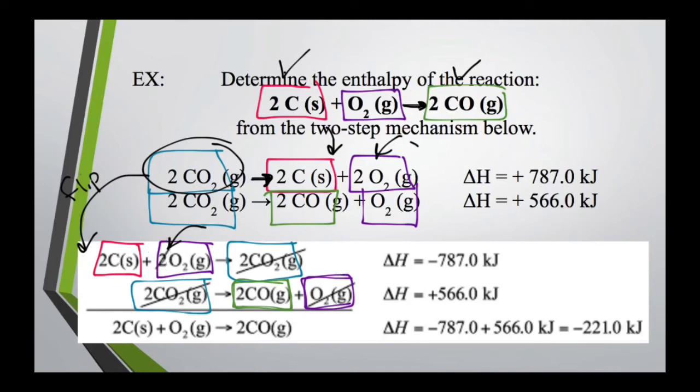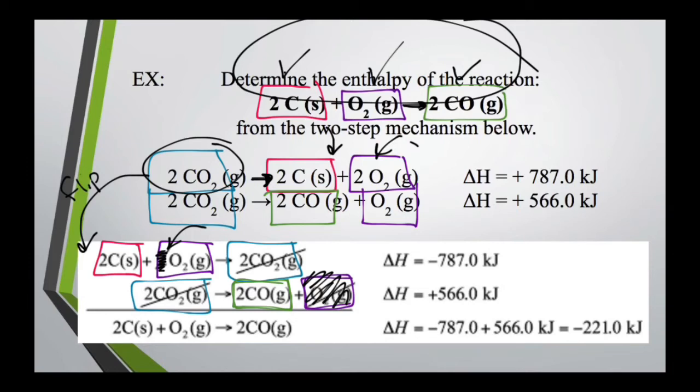So if I only have 1 on my product side and 2 on my reactant side, then this 1 is going to be canceling out completely, but only one of these 2's is going away. So that's why we crossed out the 2. That's no longer there. So that did get me that 1 O2 that I was looking for. So I have found all of my substances, and that means that I should be able to find my delta H from these reactions the way that they are written.